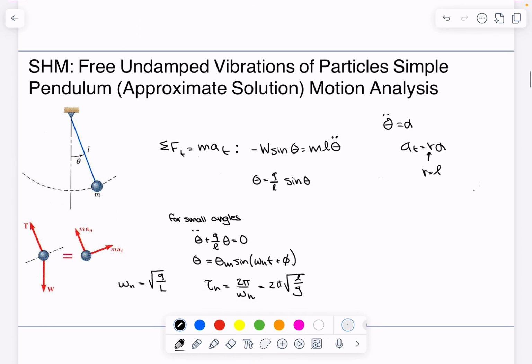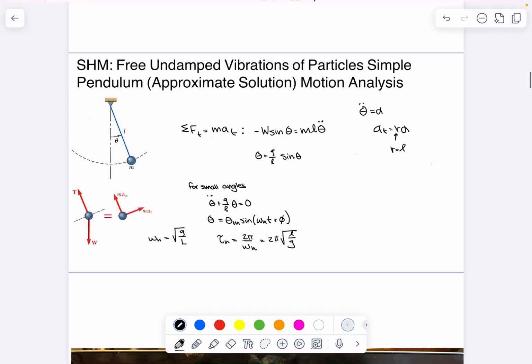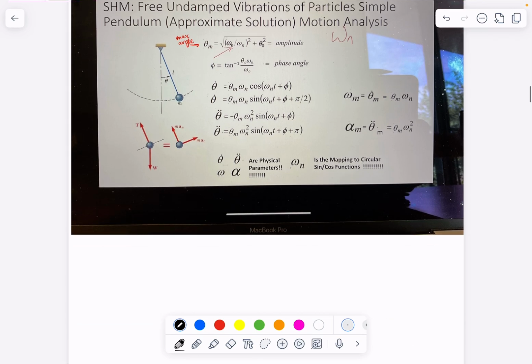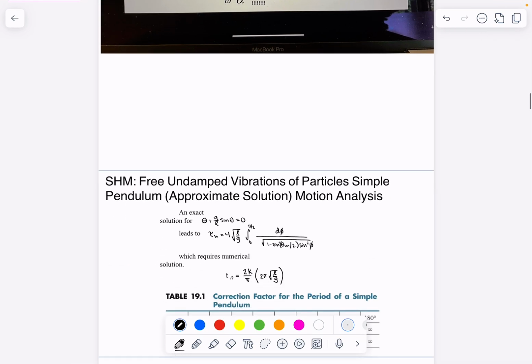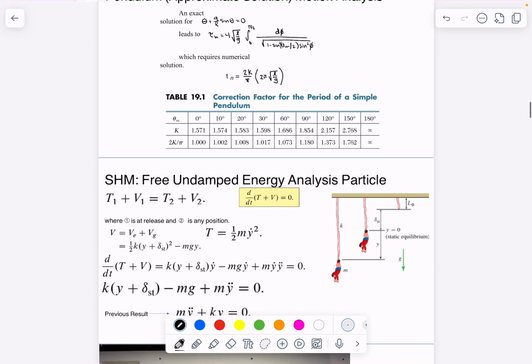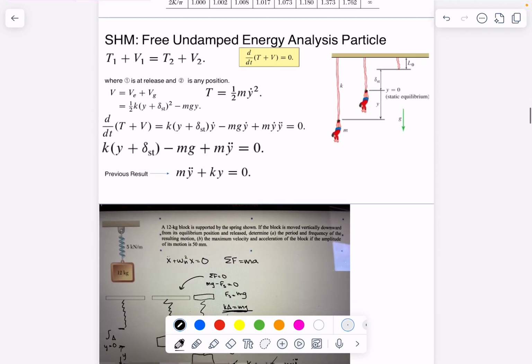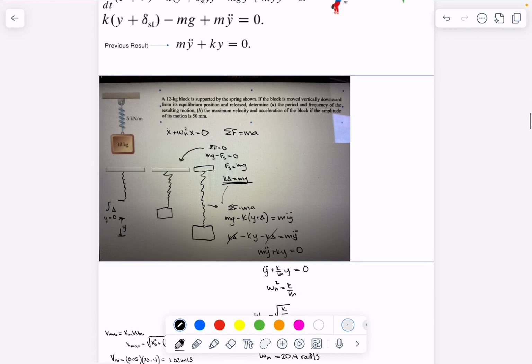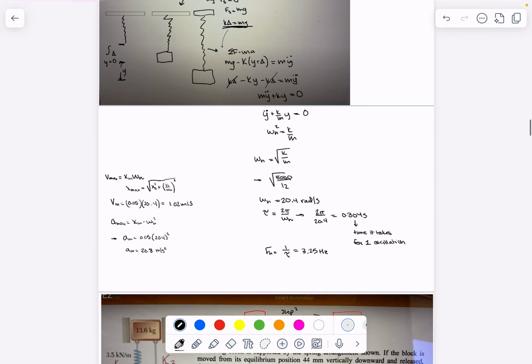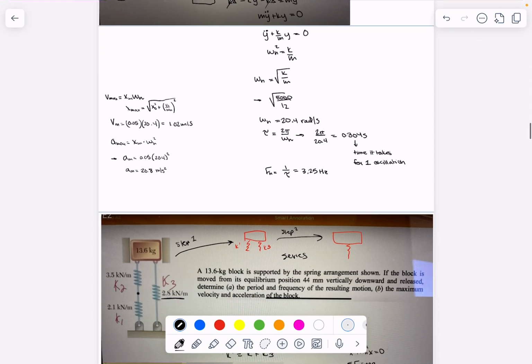So I went through here, took all the notes. I just spent time going through the notes, replacing what needs to be put in here, going over some example problems, and whatnot.